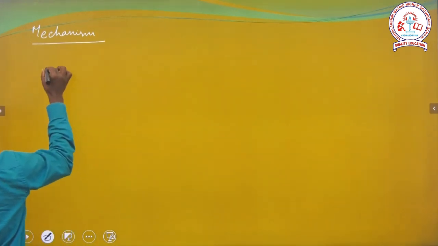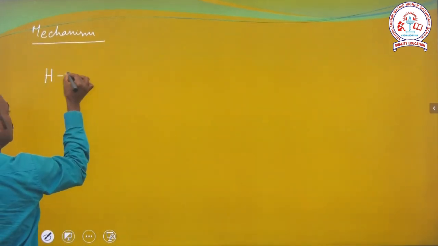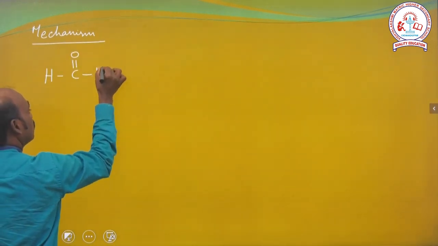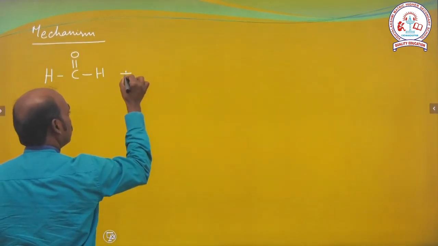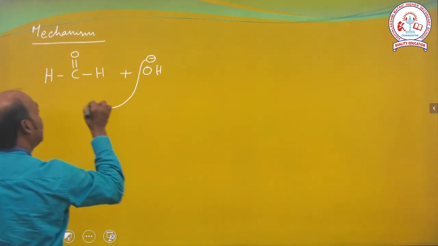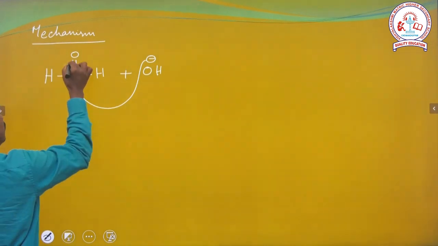Mechanism. So let us take formaldehyde, which is a highly oxidized group compared with benzaldehyde. Here OH minus ion, that is the nucleophile, will attack the electron deficient carbon atom.